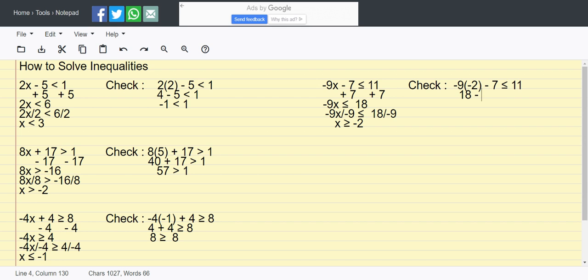Minus 7 is less than or equal to 11. 18 minus 7 is 11, and it's less than or equal to 11. And this is true, so the answer is x is greater than or equal to negative 2. So any value that is greater than or equal to negative 2 would work out for this problem.